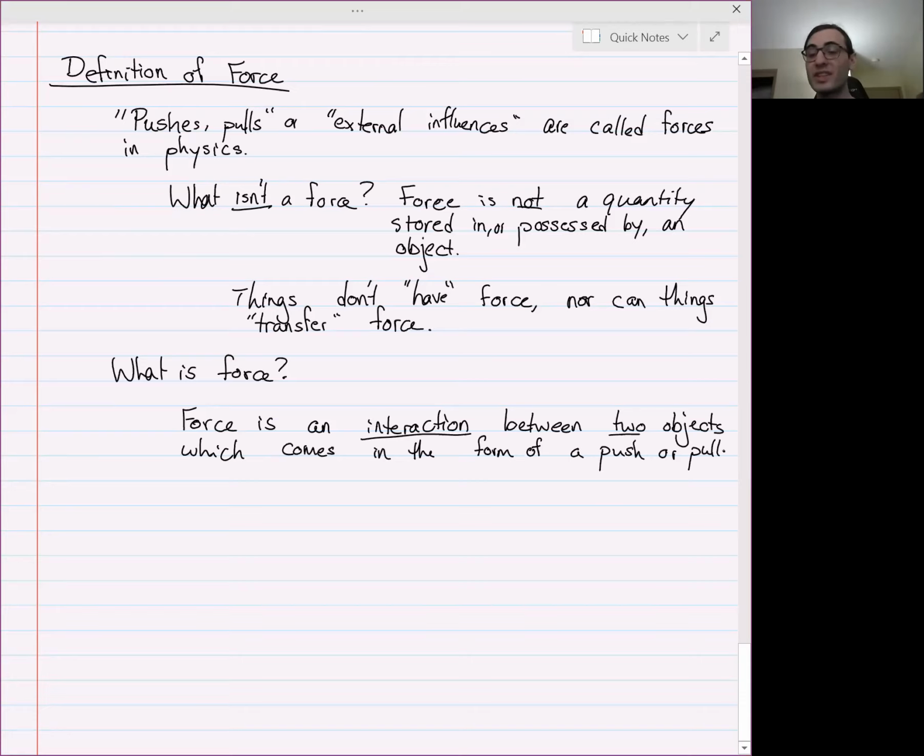So there's two objects involved for any force. Each object affects the other. That's important, right? I can't apply a force to something without it also applying some sort of force to me.